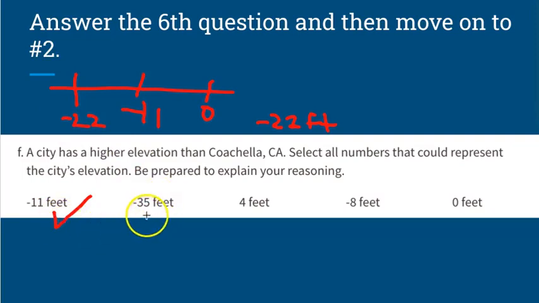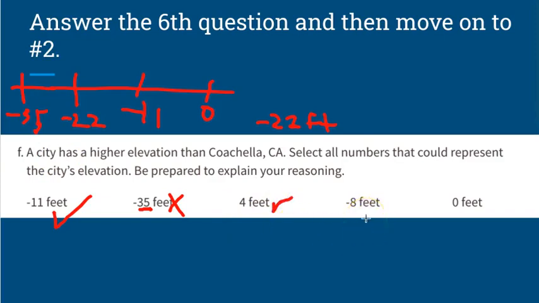What about negative 35? Again, remember that with negative numbers, the bigger these are, the less the value they have. So this one would not be higher than negative 22 feet, because that would actually come further down here, right? What about 4 feet? Oh yeah, that's a positive number.